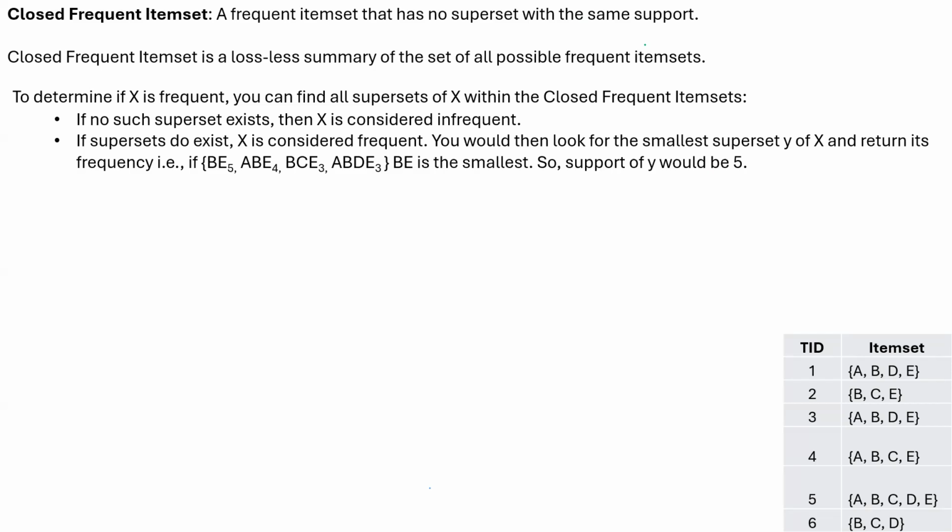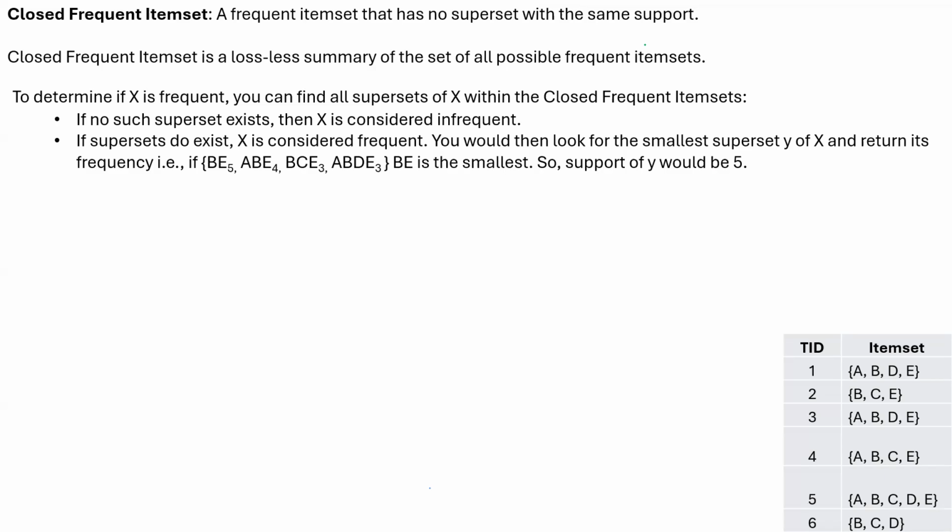A closed item set is a lossless summary of the set of all possible frequent item sets.